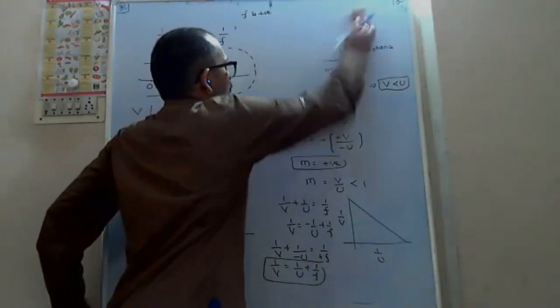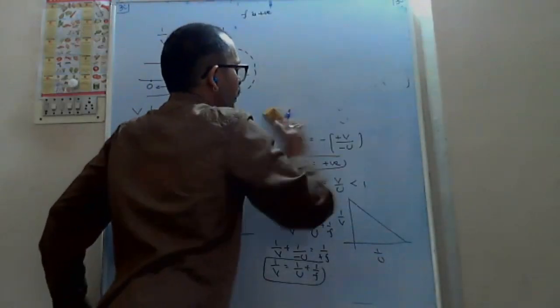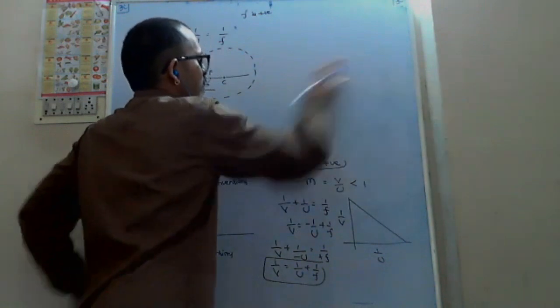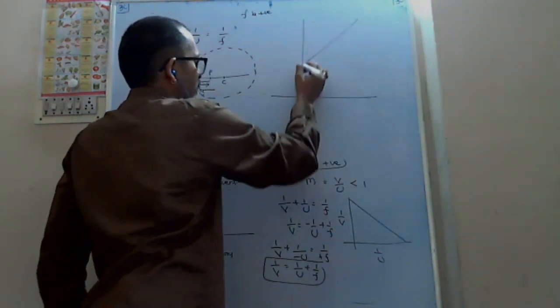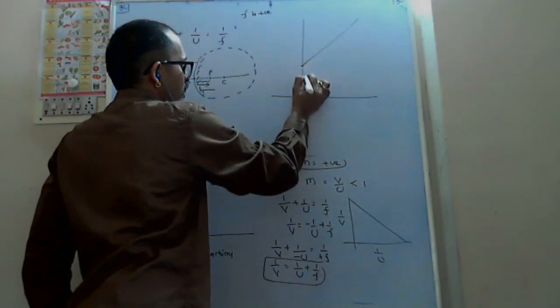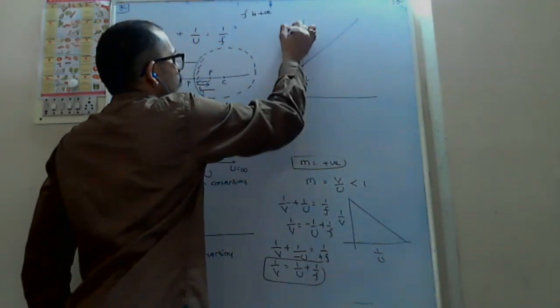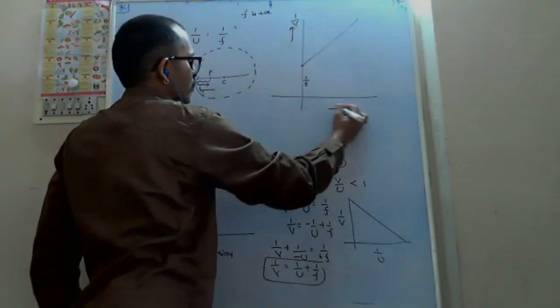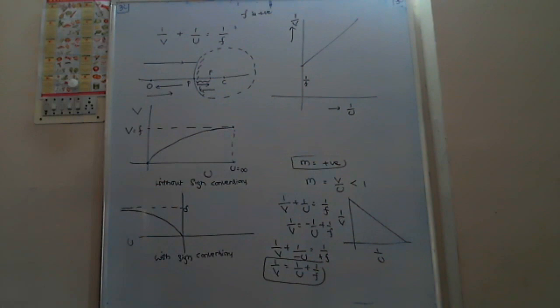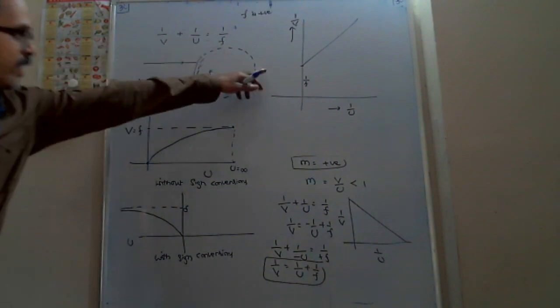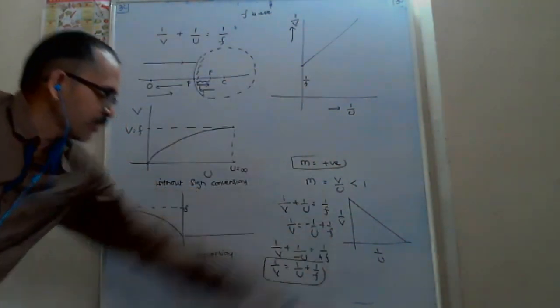The positive y-axis. So you get a straight line like this, and the y-intercept is 1 by F. That is with the sign conventions, and this is without sign conventions.